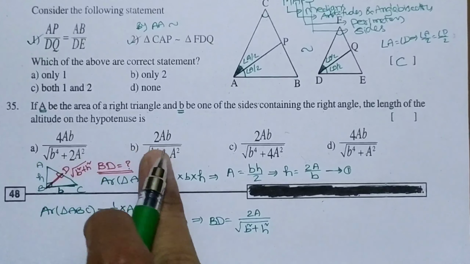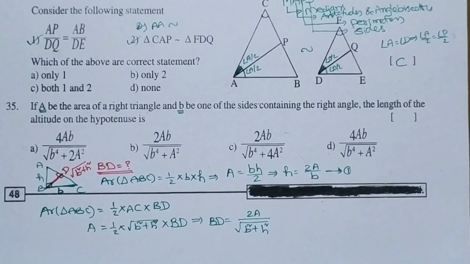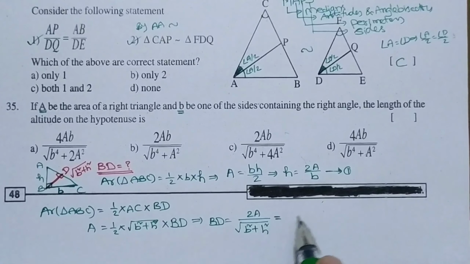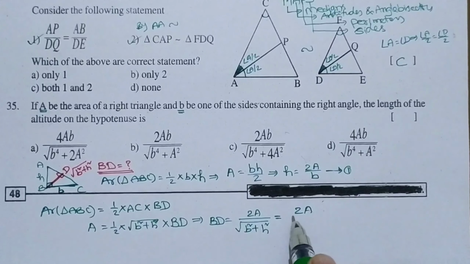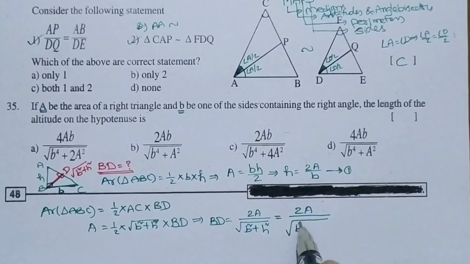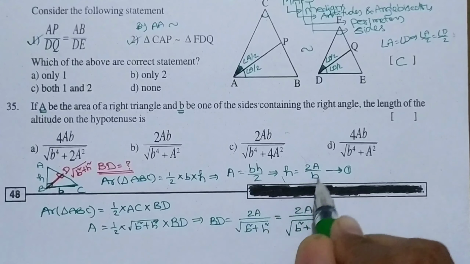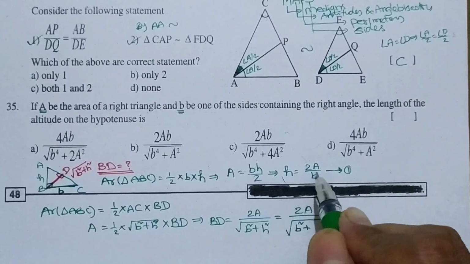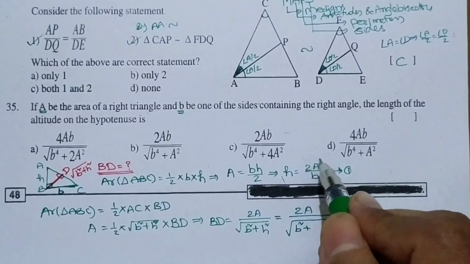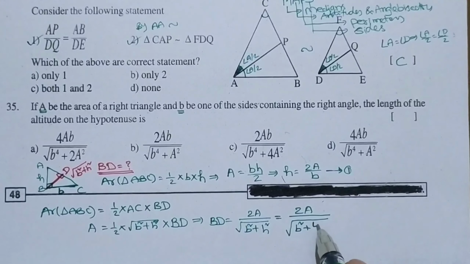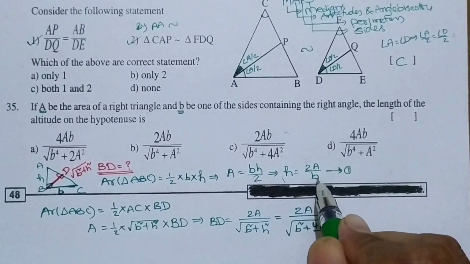You see here no option is suited for this, so we need to simplify still more. Now 2A, write as it is, under root b square plus, in place of H square I am going to write its square, because this is H. 2 square is 4, A square is A square by b square.